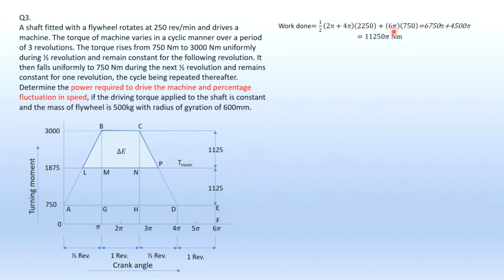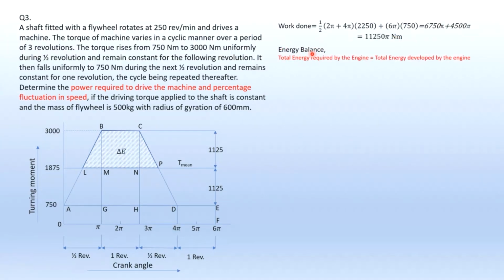Then plus the area of the rectangle, which is 6 pi multiplied by 750. From this, we have 6750 pi, and from this, we have 4500 pi. When you add them up, you have 11250 pi Newton meter.